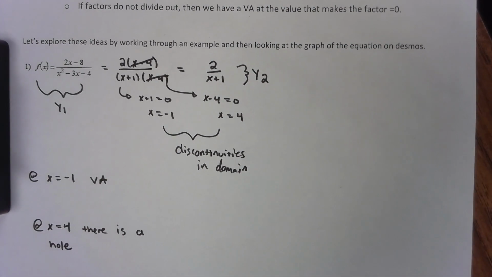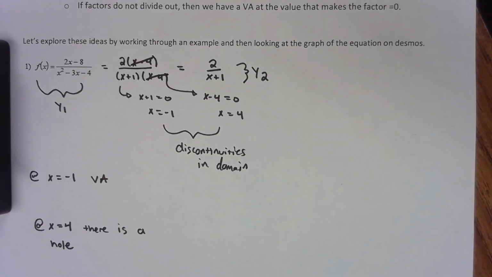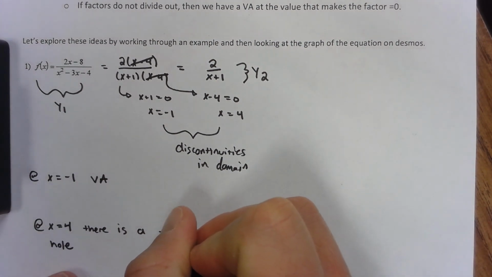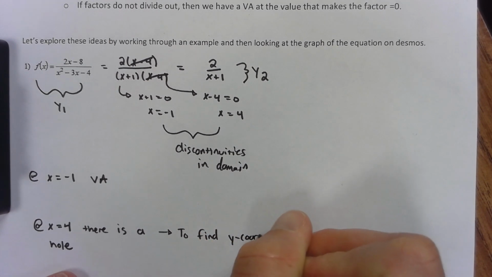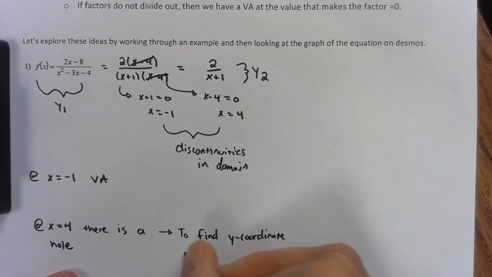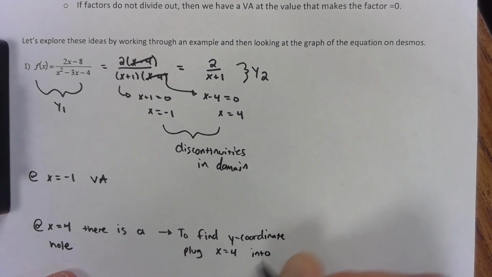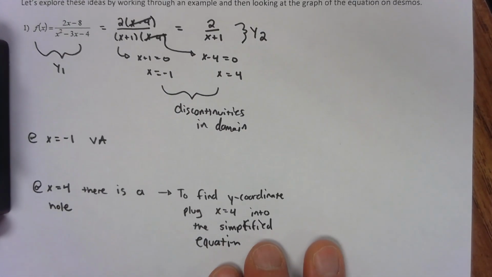So like I said, we were almost done. We've identified the vertical asymptote. We've identified the hole. But for the hole, there is going to be an x and a y coordinate. To find the y coordinate, plug x equals 4 into the simplified equation.